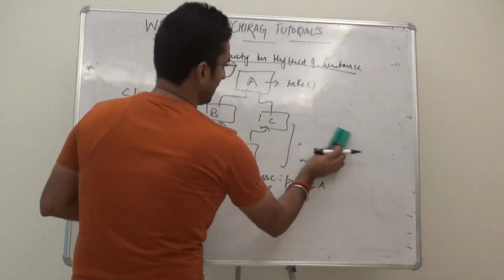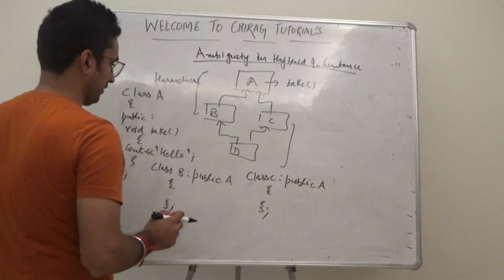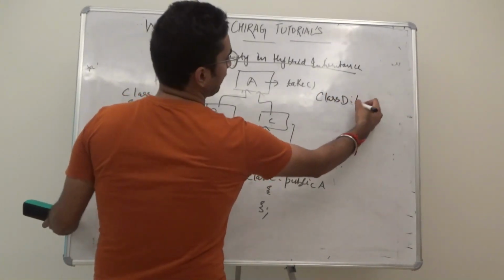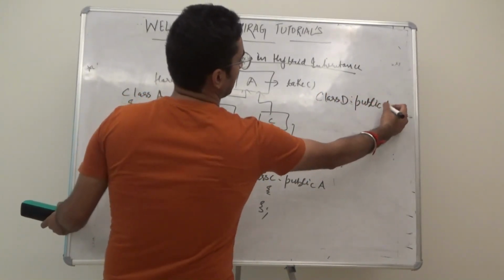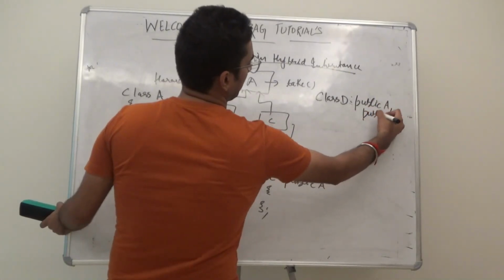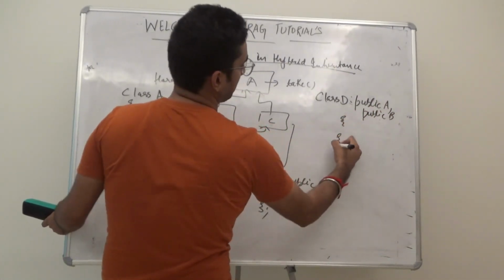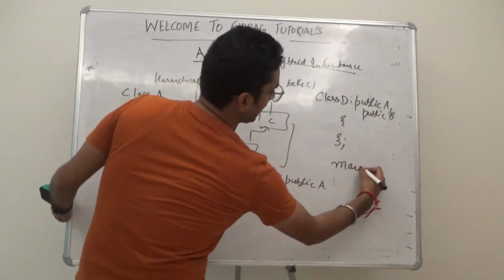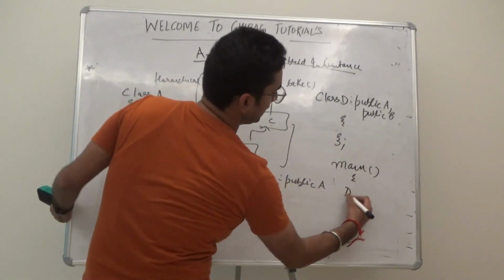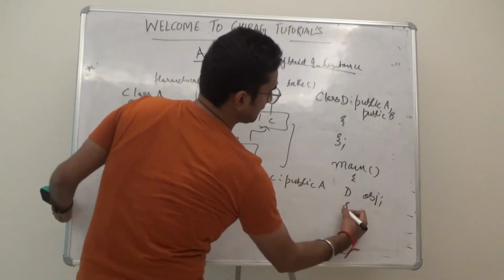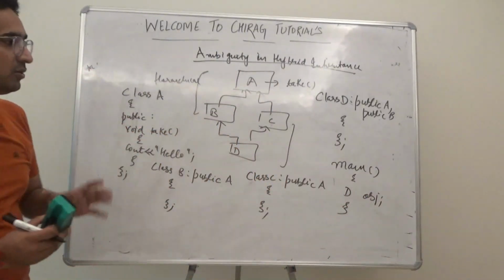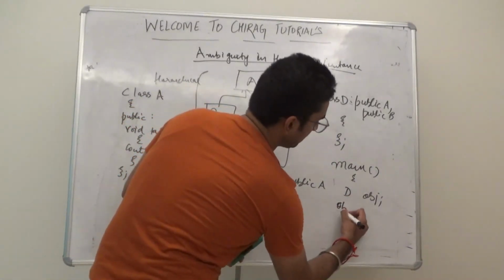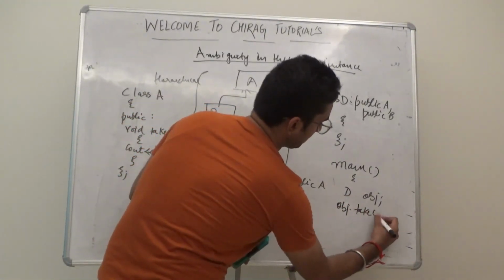Then we have class D inheriting from public B and public C, and in main I'm writing one function, D followed by obj, and I'm using obj dot take.